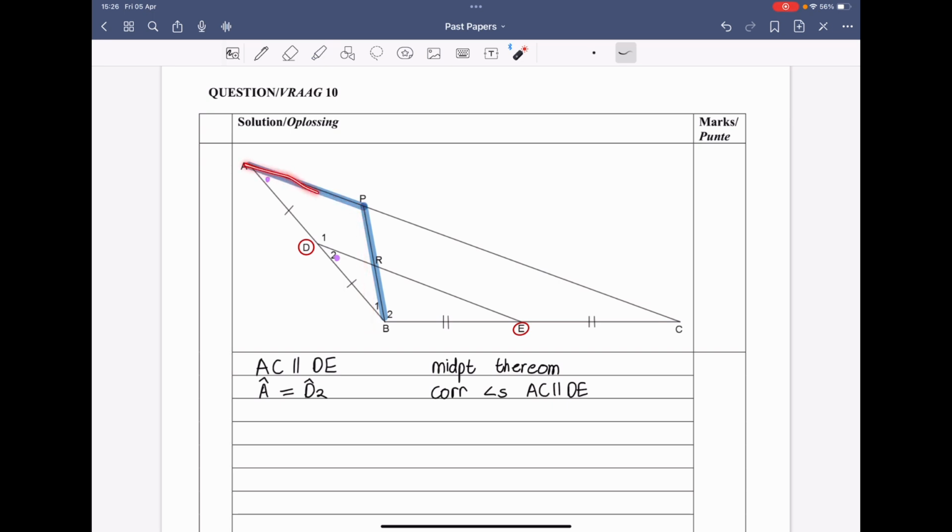So if these two are equal in length, then this APB is an isosceles triangle, and in an isosceles triangle, the angles underneath the equal sides are going to be equal as well. So that means that this angle A is going to be equal to this angle B1.